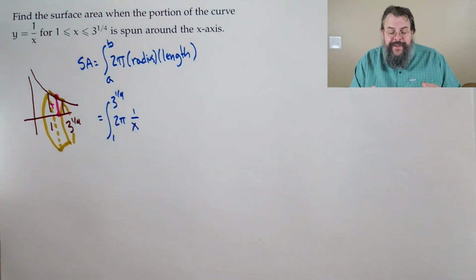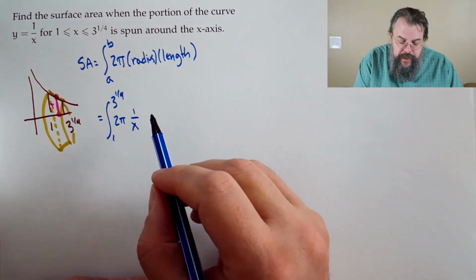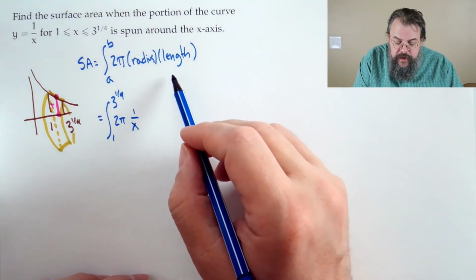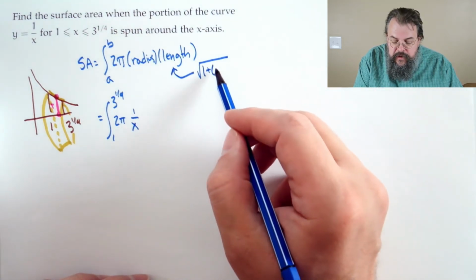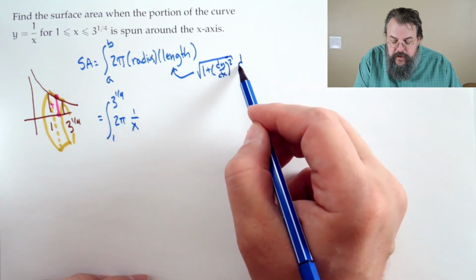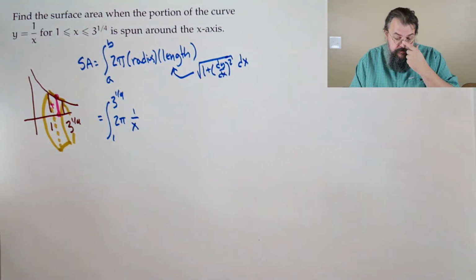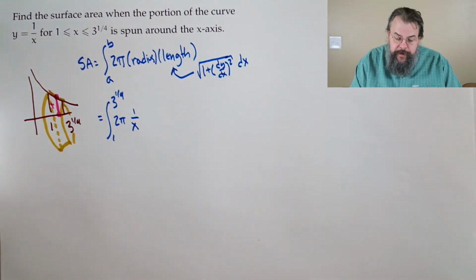Our length, okay, what would that be? Well, the length, you might remember, that's the square root of 1 plus the derivative squared dx. All right, well, let's see what that becomes.